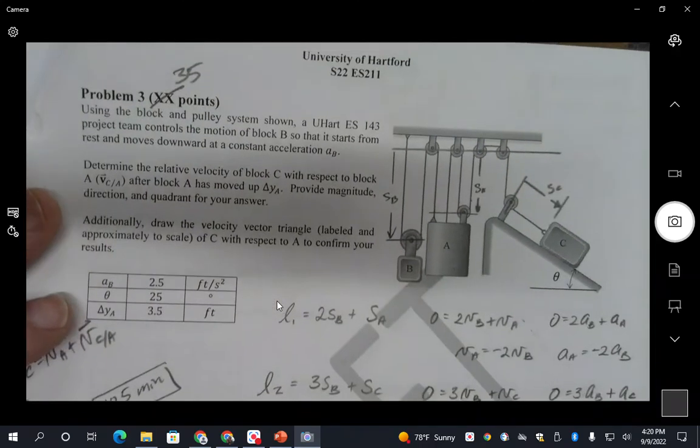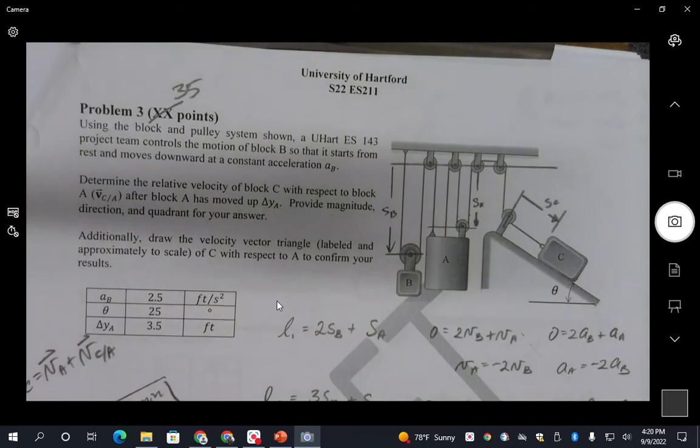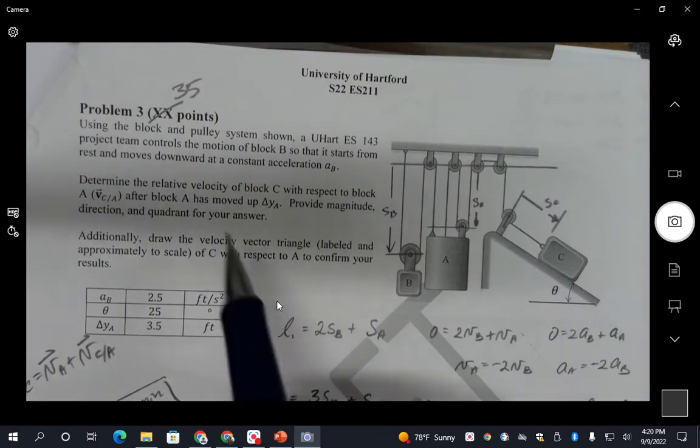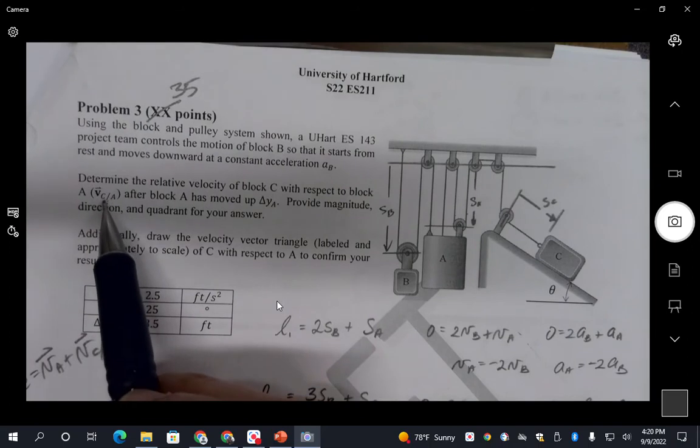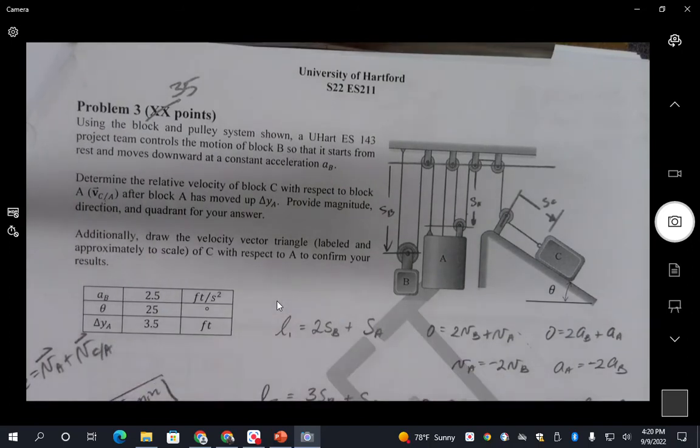Here's an exam. Yeah, this is the same exam right here. The third problem was a relative motion problem, because I hadn't had one yet. So I have a dependent motion and a relative motion problem together. Using the block and pulley system shown, a UHart ES143 project team controls the motion of block B so that it starts from rest and moves downward at a constant acceleration.